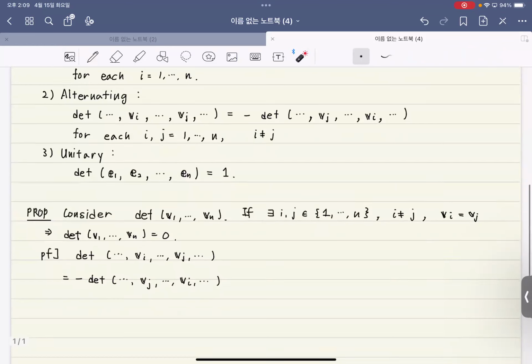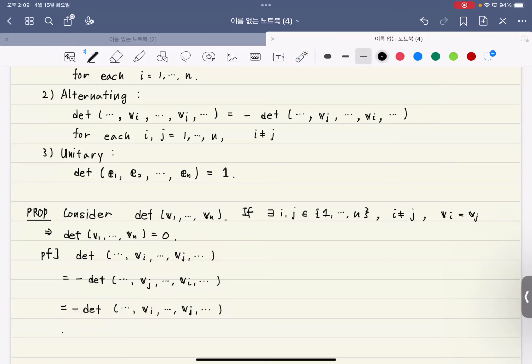But also we are assuming that vi is the same as vj, so this negative sign just carries over. Since vi was the same as vj and vj was the same as vi, this is this, and now we know that this is precisely the same as this one, but the sign changes.